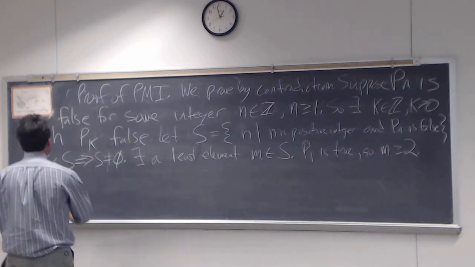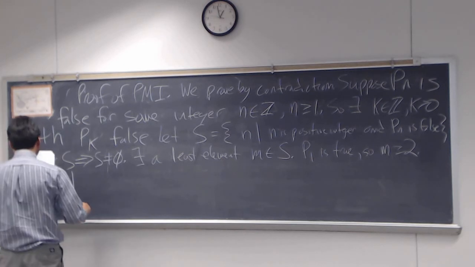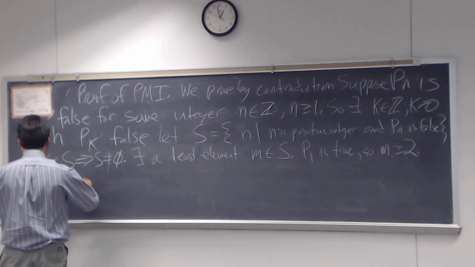Why is that important? That tells us that m minus 1 is a positive integer.